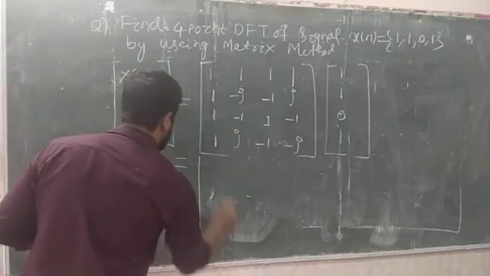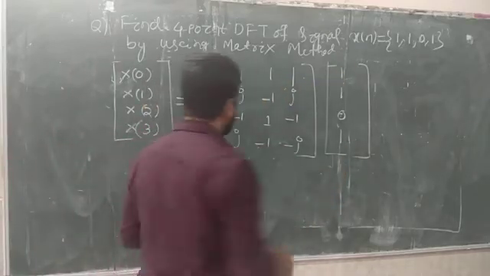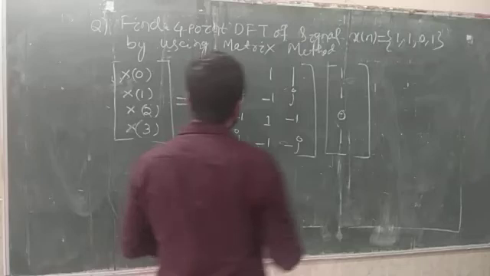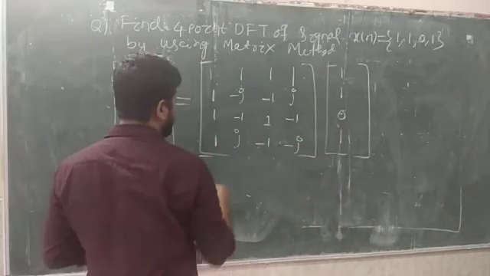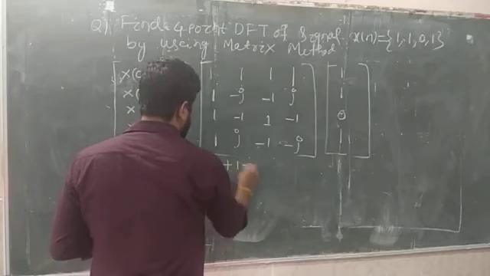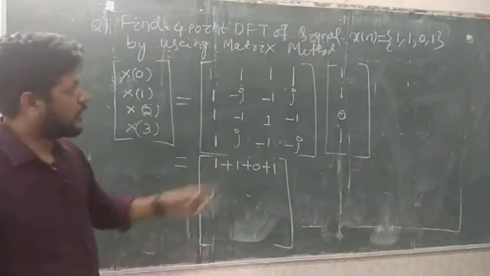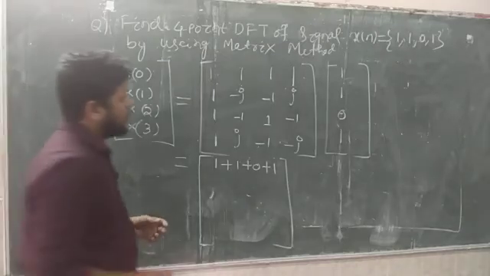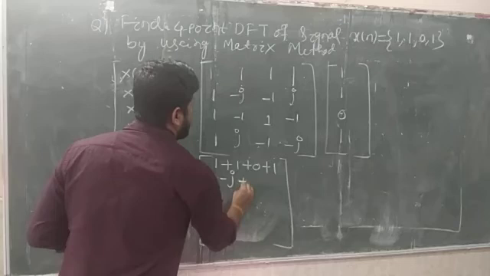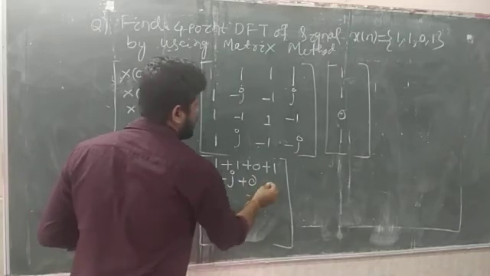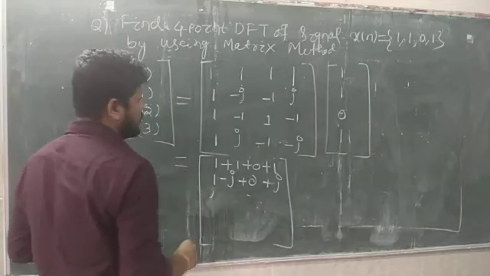How to multiply? The first row will be multiplied with this column, and that will give you the first result. So 1 into 1, 1 into 1 and 1 into 0, then 1. So directly you can write 1 plus 1 plus 0 plus 1. Then 1 minus j, minus 0 plus j. Then 1 minus 1, 0 minus 1.